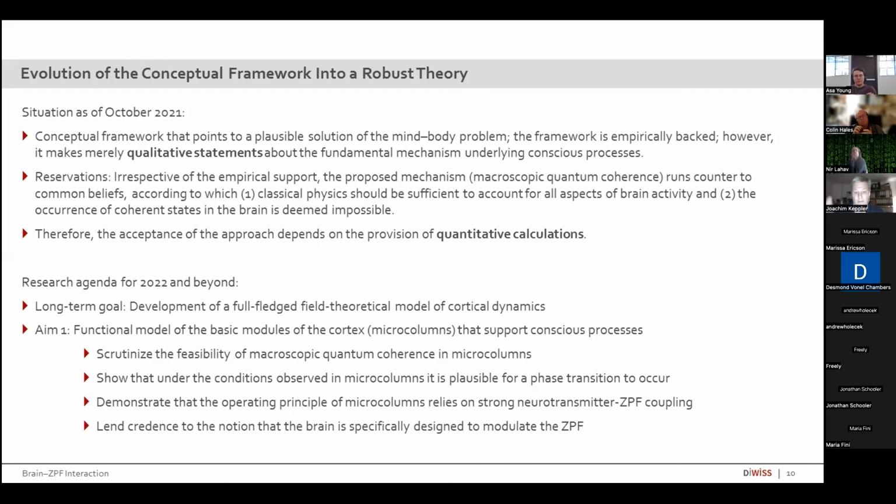This is what I wanted to achieve in 2022. And so let's delve into the details.